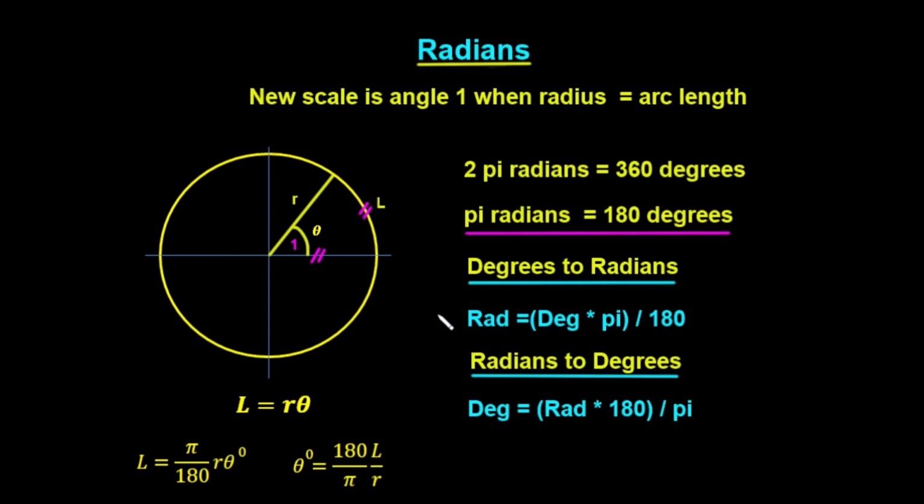Now we also want to know how to convert from degrees to radians and also radians to degrees. Now we can see how to do that from the equations here. Remember from the previous page that these equations related the angle theta in degrees to the arc length, or equivalently the arc length to the angle theta in degrees. And we noted we're always going to have this scaling factor of either pi upon 180 or 180 upon pi.